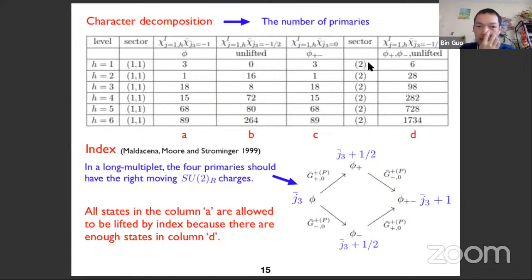So sometimes a state is kept unlifted by the symmetry, but if you just match the charge as SU2 charge, you will think it may be lifted, but it is actually kept unlifted by the global modes. So we only look at the primaries, but they look at all the states at this level.